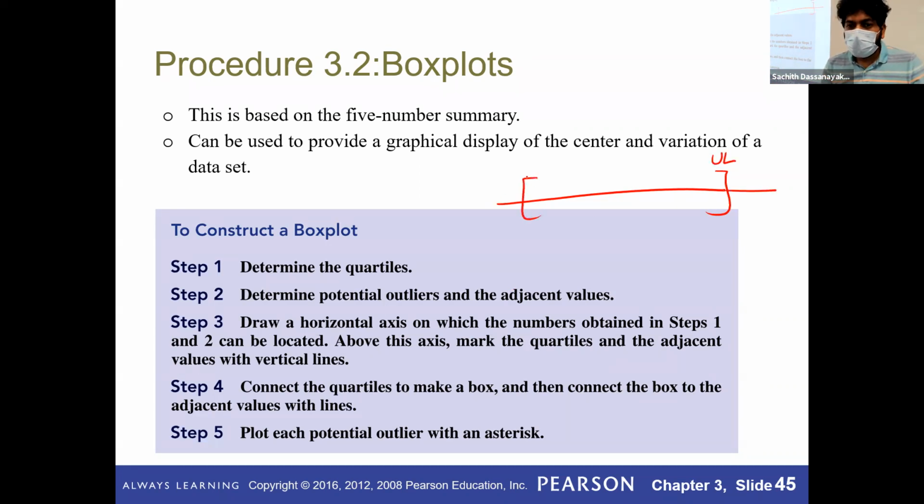This is your lower limit, LL. This axis represents the value. Whatever values are out here, these are outliers.